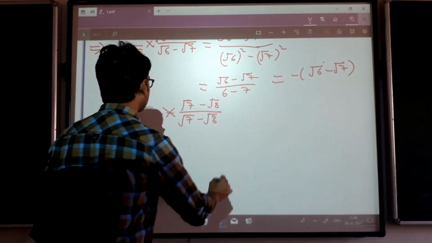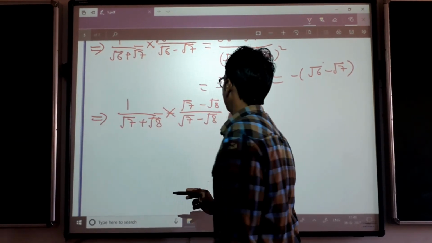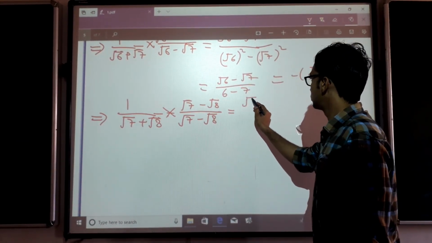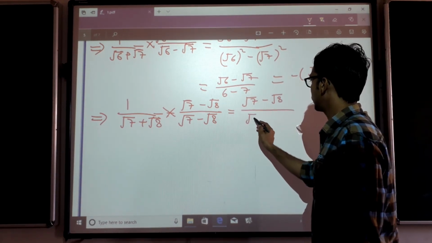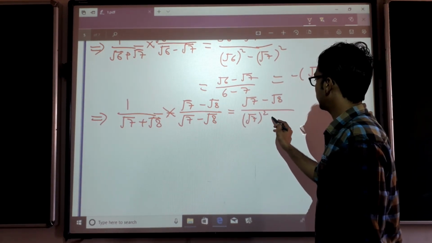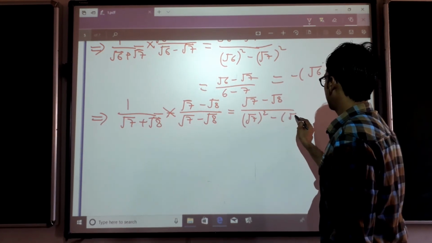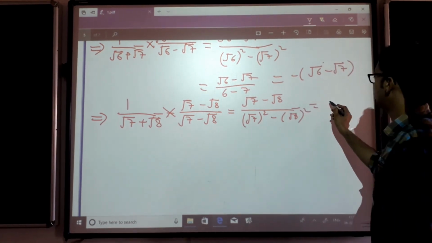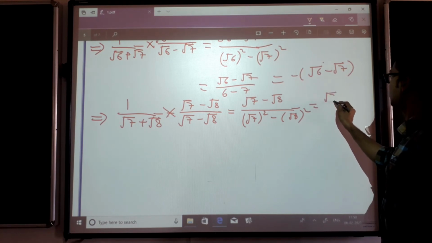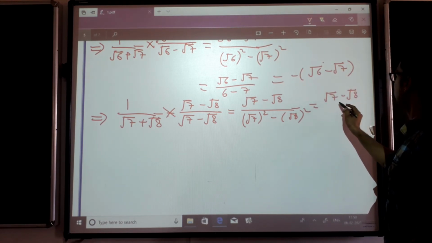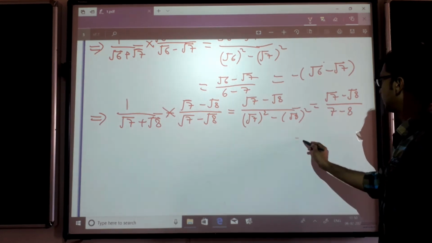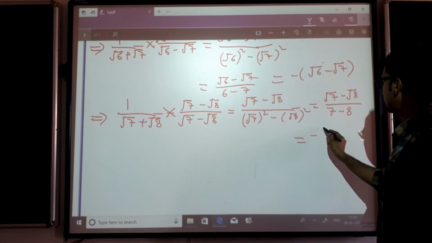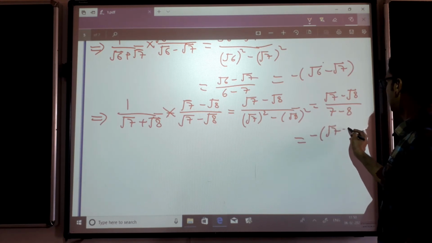Then we will get root 7 minus root 8 upon square root 7 square minus square root 8 square. Which means root 7 minus root 8 upon 7 minus 8, and this is equal to minus (square root 7 minus square root 8).